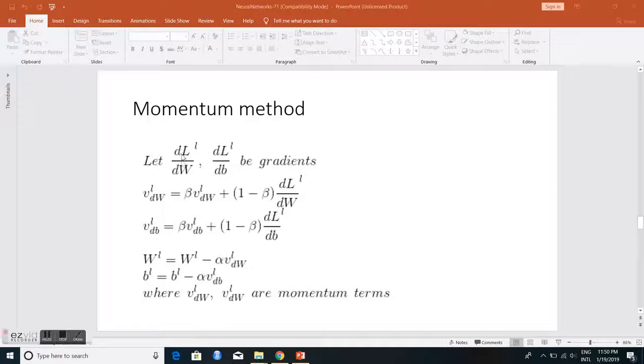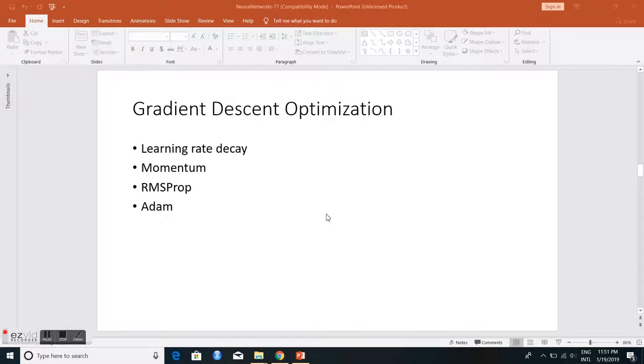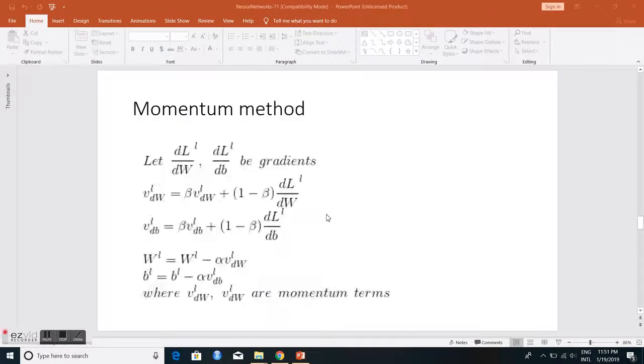If dL/dW and dL/db are the gradients at a particular layer L, where dL/dW is how the loss varies with respect to the weight in layer L, and dL/db is how the loss varies with respect to the bias in layer L, then this formula is an exact replica of the formula we had seen here.